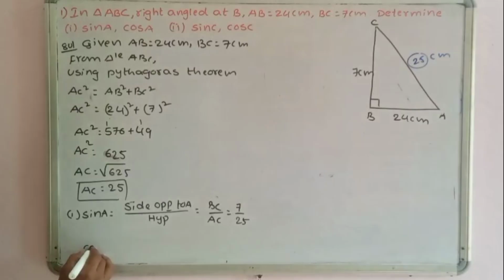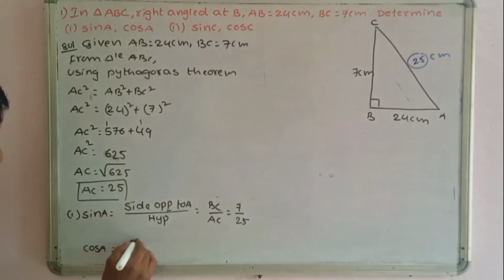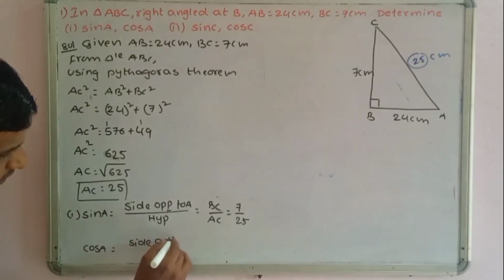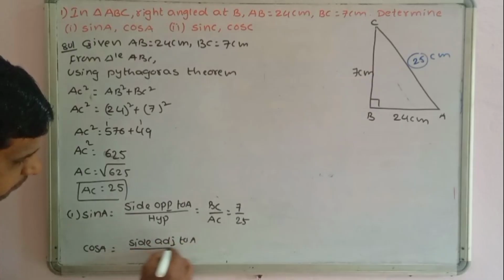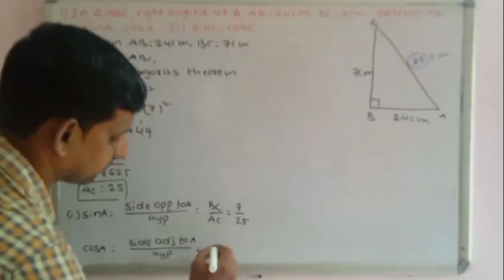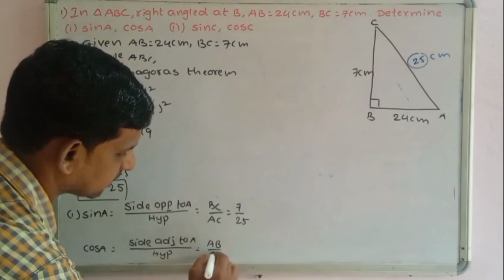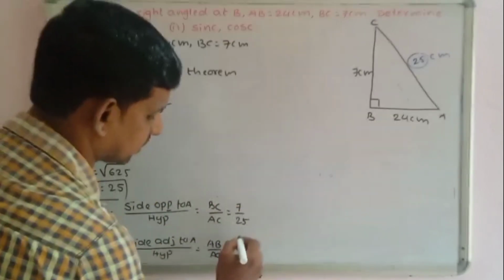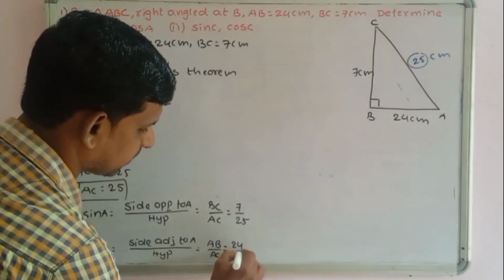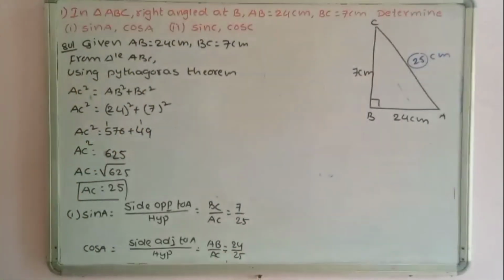Next, cos A means side adjacent to A by hypotenuse. Side adjacent to A is AB, hypotenuse is AC. So AB value 24 by 25.